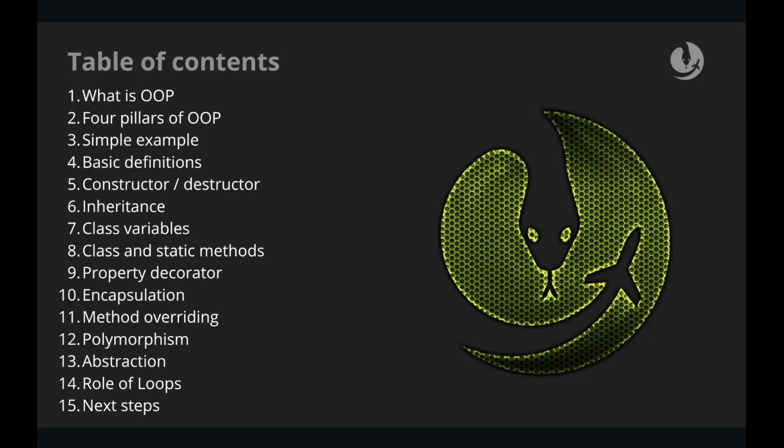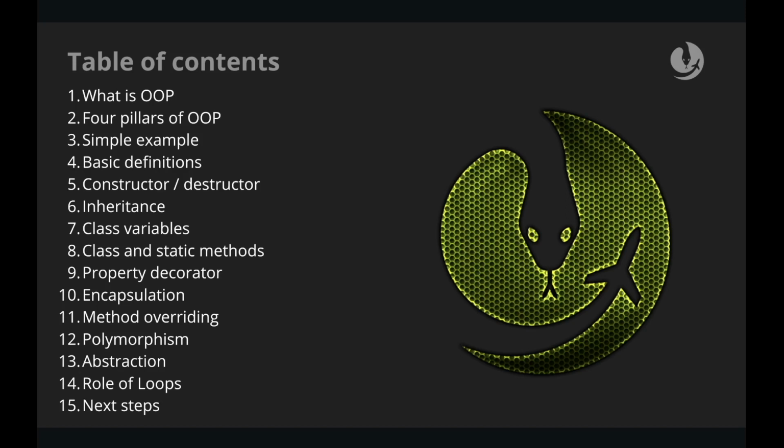So now let's talk about the contents of today's crash course. We will begin from asking what is actually object-oriented programming, and we will discover its four pillars. Then we will take a look at a simple code example, and we will talk about the basic definitions related to coding in the object-oriented programming way.